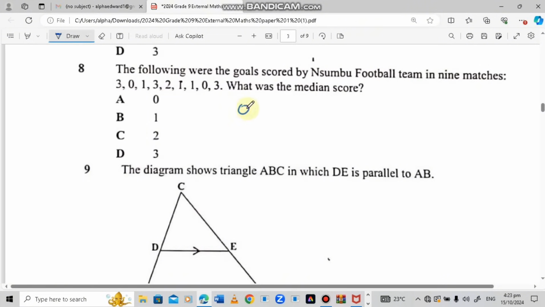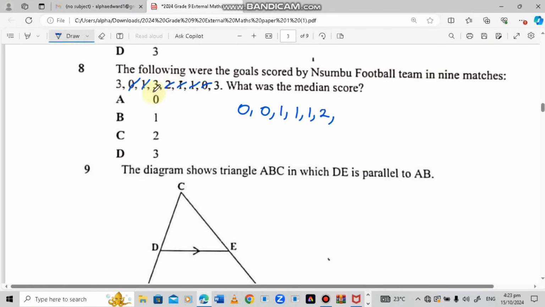So 1, 2. Then we cancel this so that we don't get confused. So how many ones? 1, 2, 3. We have 3 ones. And the next one is 2. How many 2s? Let's cancel this. We have only 1, 2. So we have 2 like that.